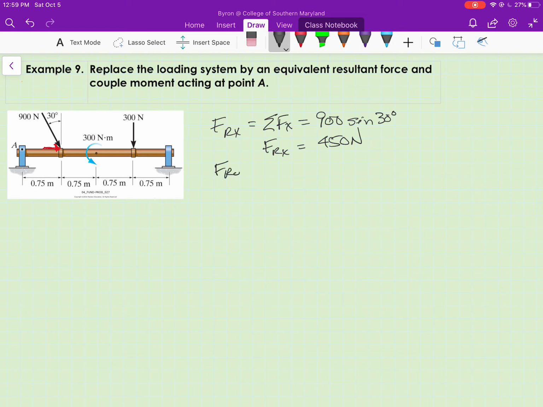The y component of the resultant force is going to be the sum of the forces in the y direction. The 900 Newton force has a y component that acts downward. I'm using my standard reference system.